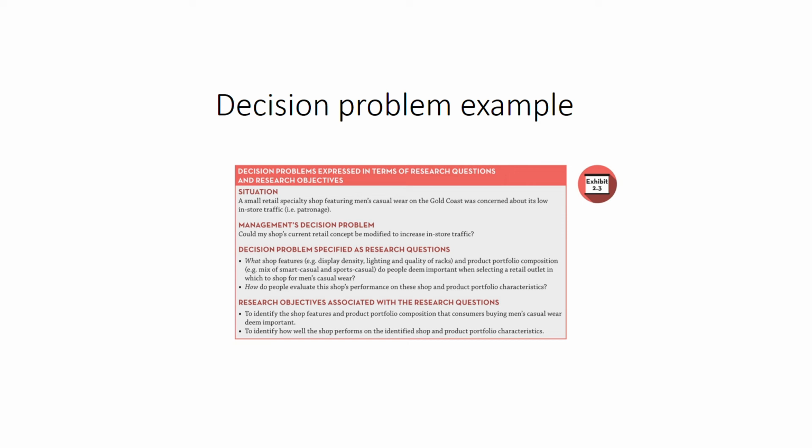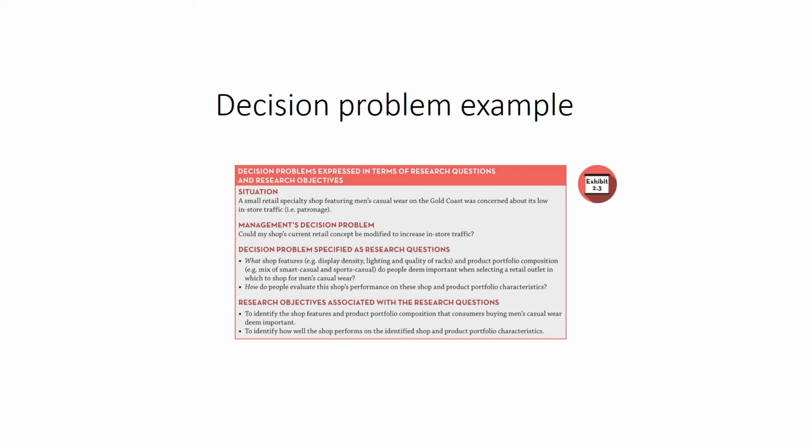So you notice in that decision problem that the men's casual wear is not mentioned. They have focused on low in-store traffic as the problem, not the men's casual wear as being the problem. So in terms of the research questions, we have two questions here.